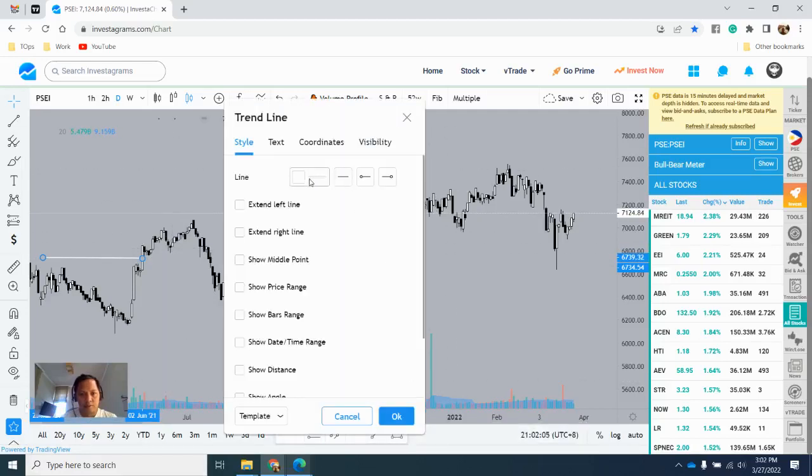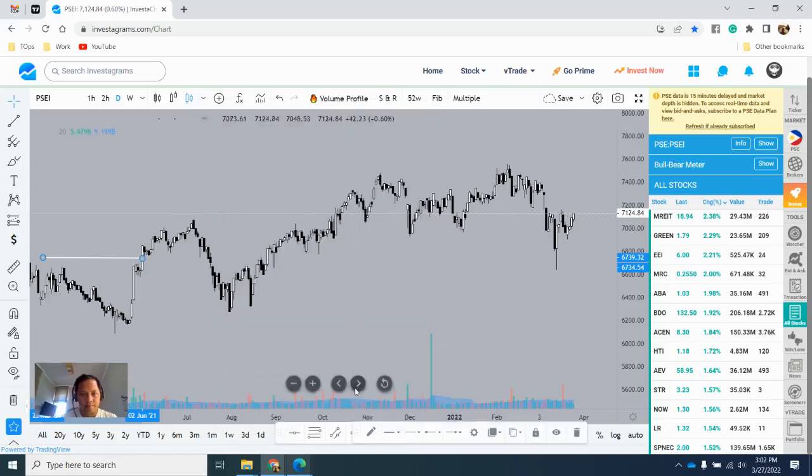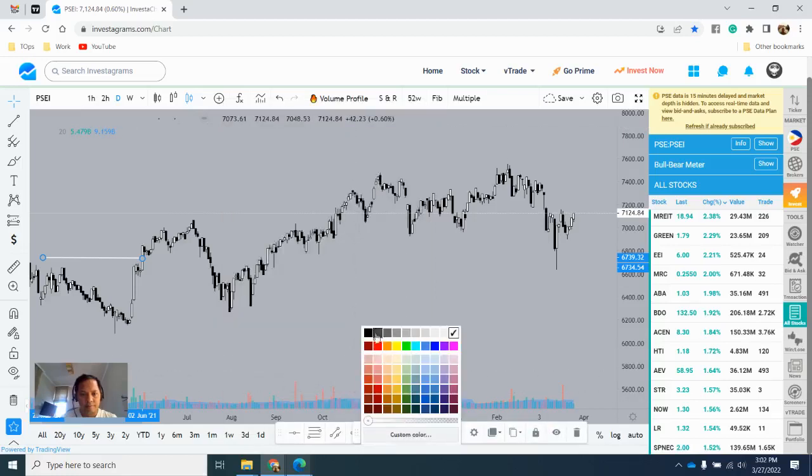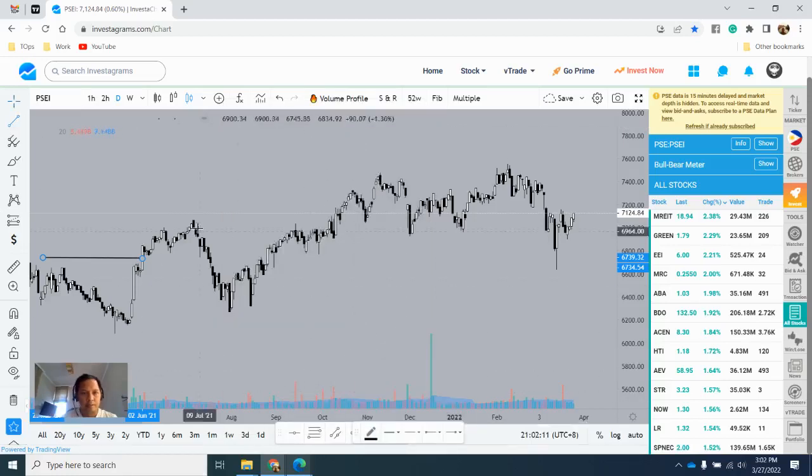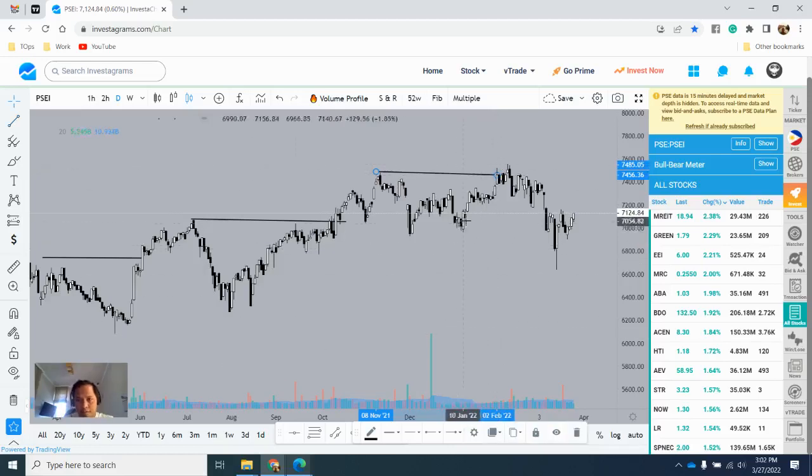I'll just use the color black. Okay, so there is a breakup structure to the upside. We keep on breaking structure to the upside. That's basically an uptrend. Well, here we have a breakup structure to the downside.